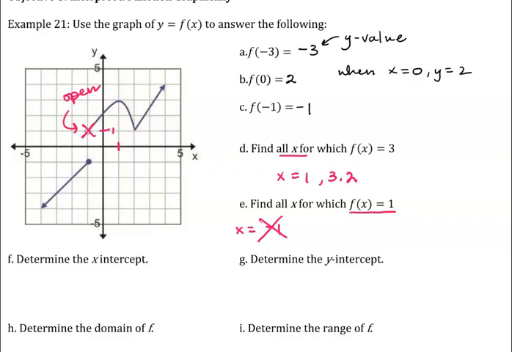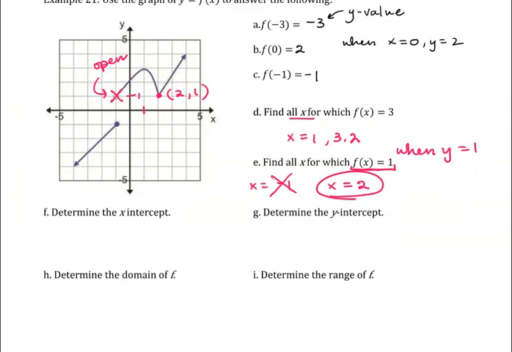But when y is 1, that's what f of x equal to 1 means, we can see that we do have a point at 2, 1. So for the function to be 1 means that x was equal to 2. And that's our only answer there. We will not include negative 1 because that is an open point.